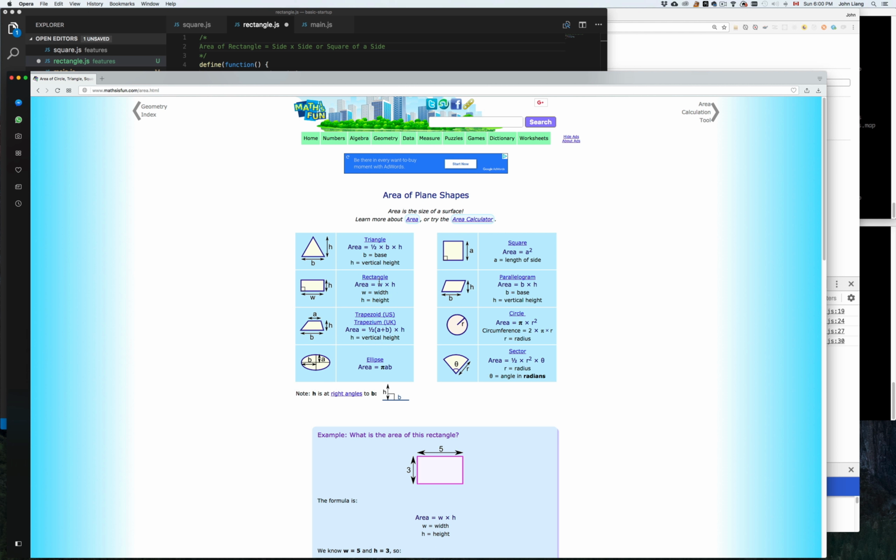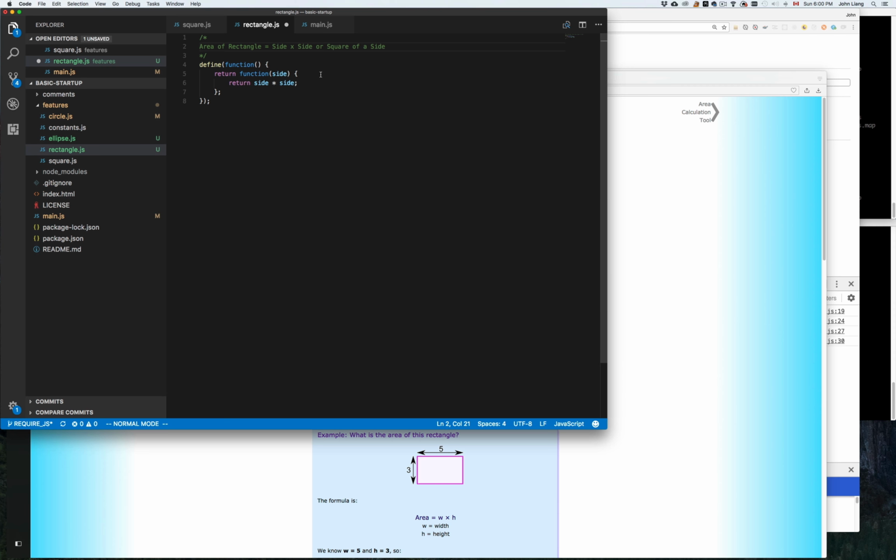So the area of the rectangle equals the width times the height. So let's make it width times height. Alright, so we have width, height, and the calculation is width times height. Alright, let's save it.